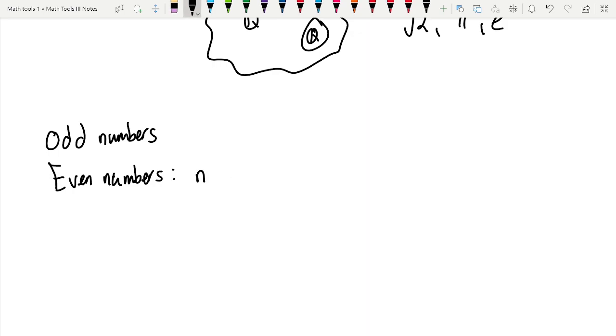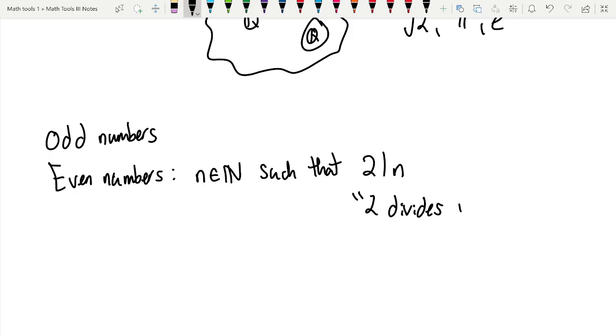Let's say n is in the natural numbers such that 2 divides n. This is how we would read it: 2 divides n, or you might say n is divisible by 2.